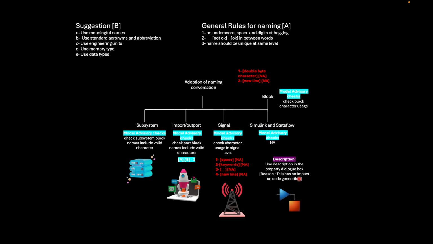That information you can give either in the names of the signals or blocks using acronyms or abbreviations. But if you want to give a detailed understanding of the model you have developed, then you can use annotation blocks or description blocks, which will be more descriptive, and you can get a detailed overview of what is being developed inside the Simulink model.